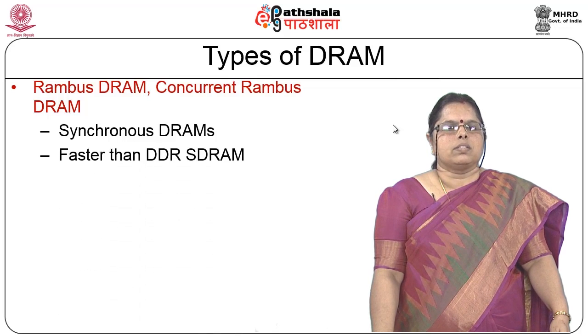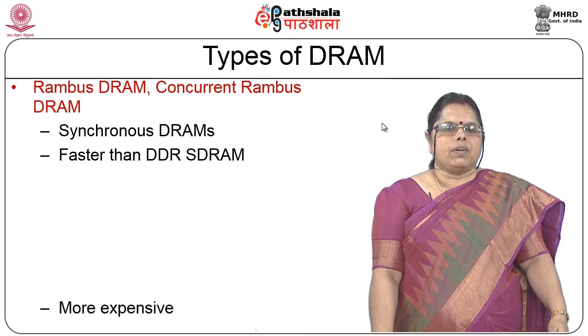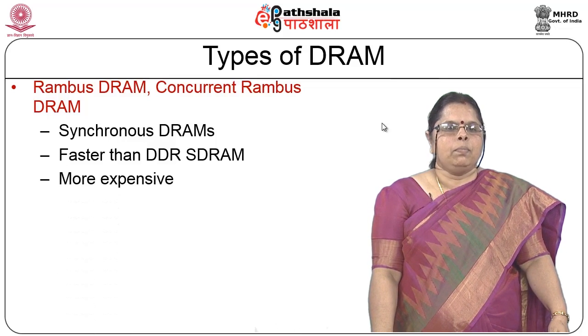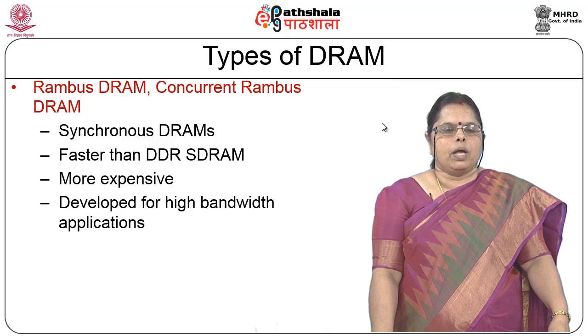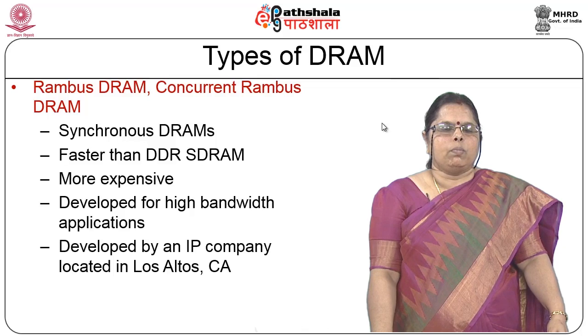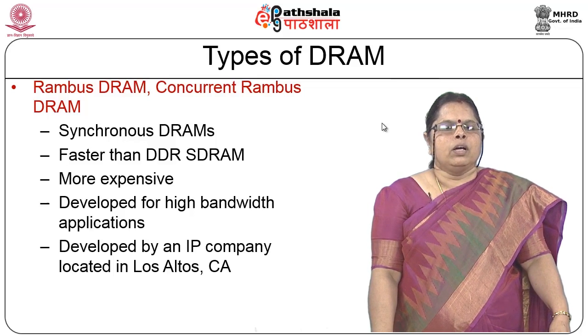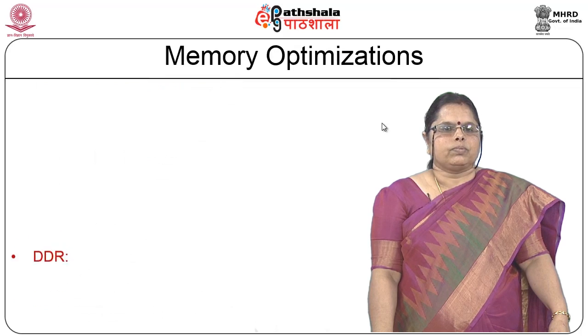All these are extensions of the synchronous DRAMs proposed earlier. All these are faster than the DDR SDRAM, but more expensive. They were basically developed for high bandwidth applications. The Rambus DRAM was developed by an intellectual property company located in Los Altos, CA, and this was tied up with Intel for the Pentium 4 motherboards.